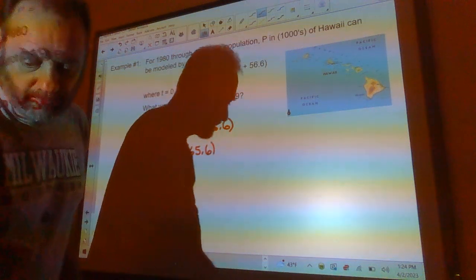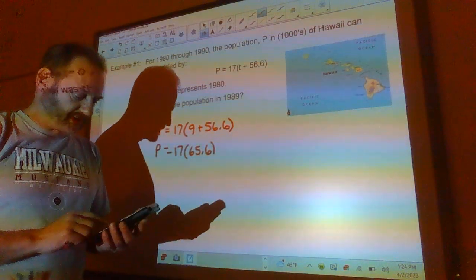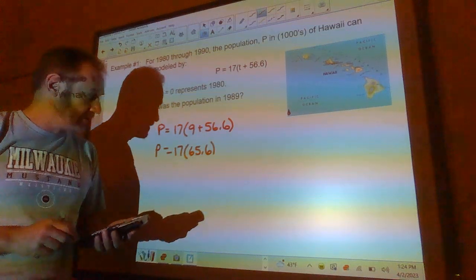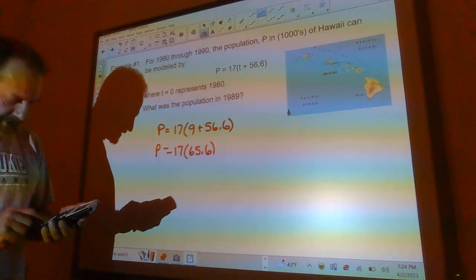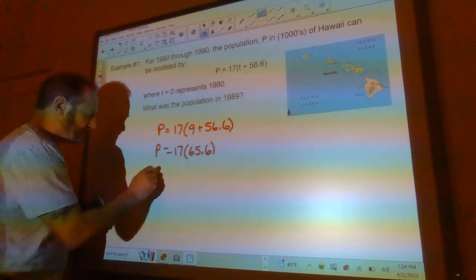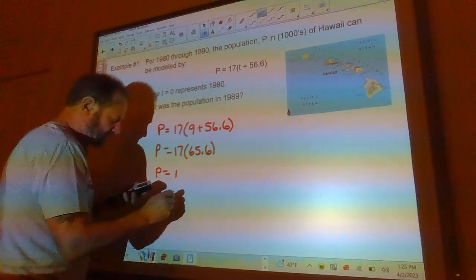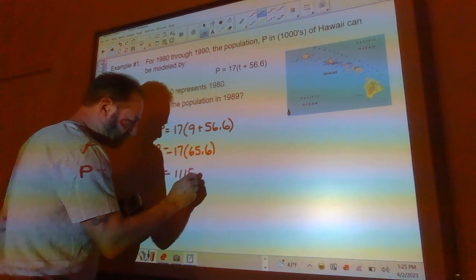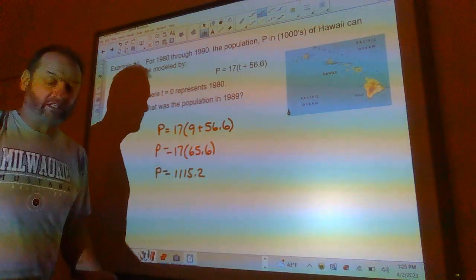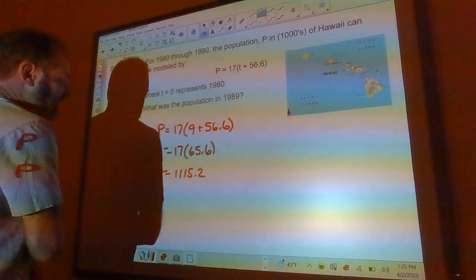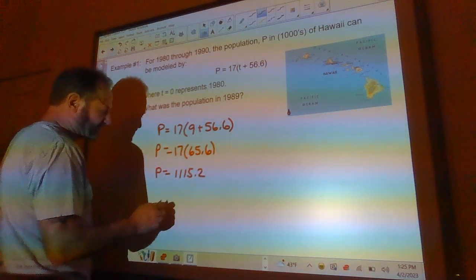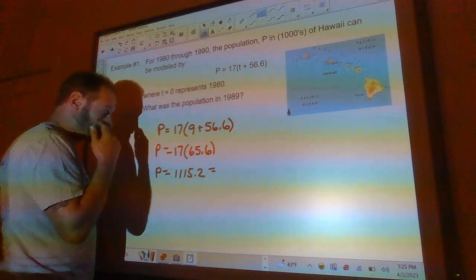65.6. And I'm going to get out my handy-dandy TI-84 Plus C Silver Edition graphing calculator and multiply this out. 17 times 65.6 comes out to be 1,115.2. Now, that does not mean that there are 1,115 people in Hawaii. Remember, this is in thousands, so I need to move the decimal 3 places.